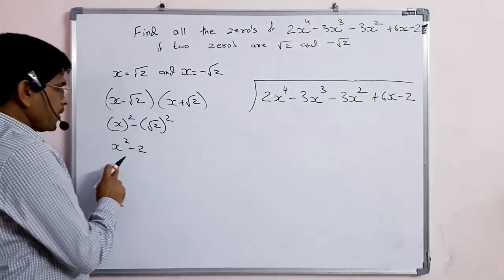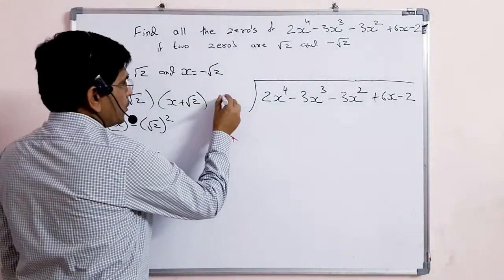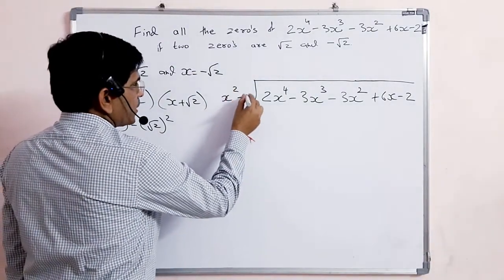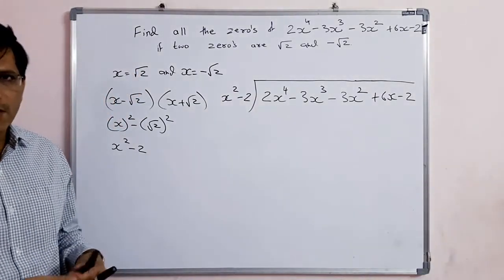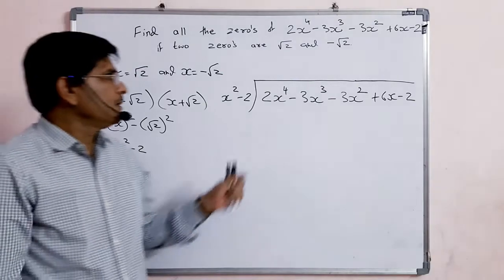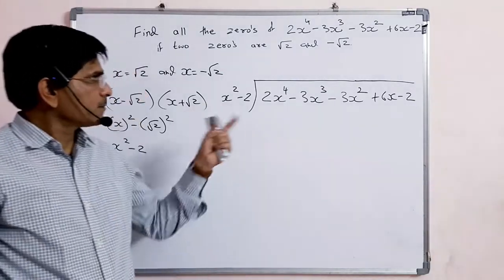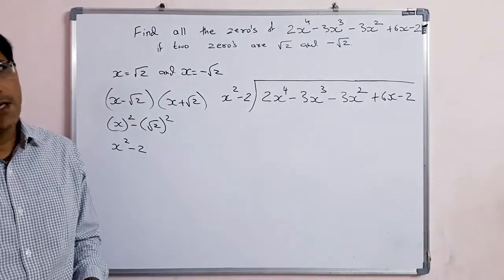Now divide by x squared minus 2. We have seen in the last few videos how we can find polynomial factors by using the long division method.